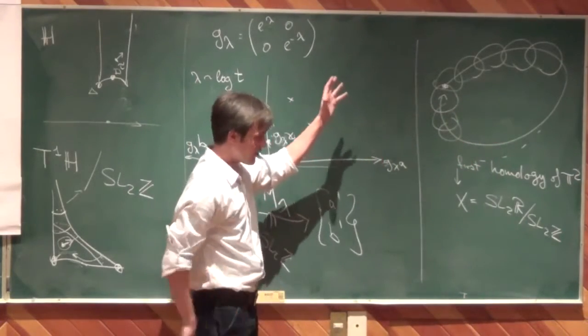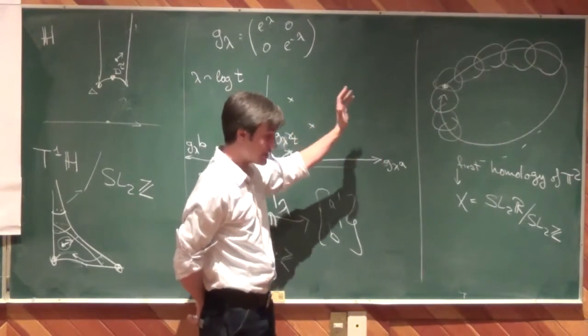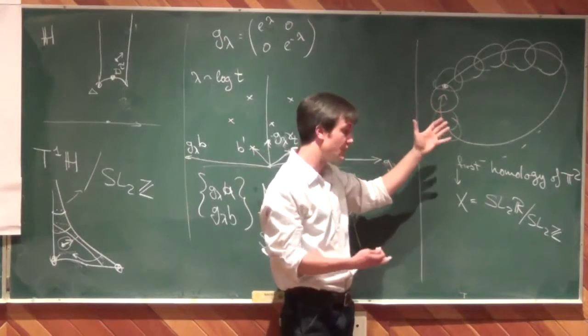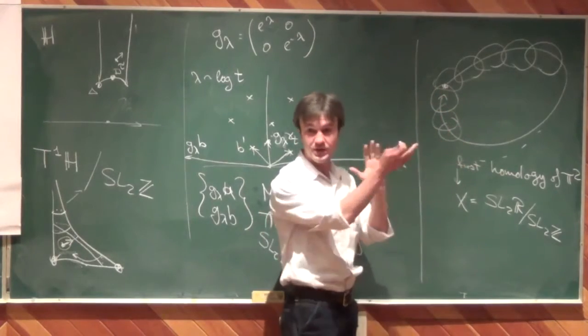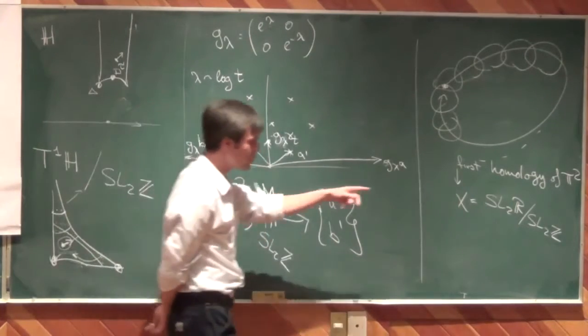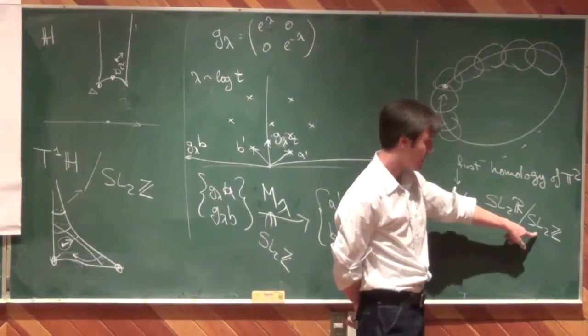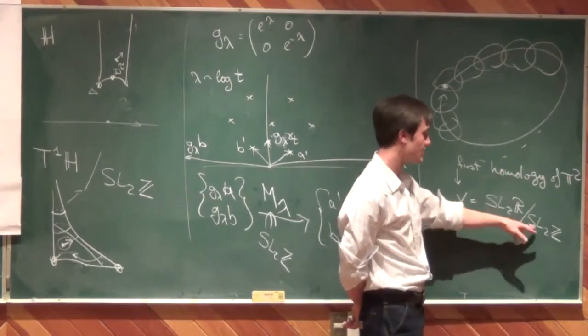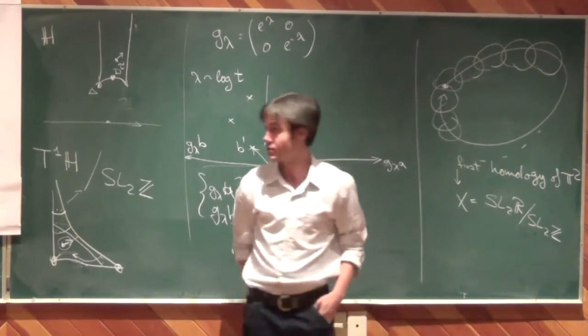So it's a bundle of Z^2, but as you go around loops, things get glued in some mysterious way. Well, it's not so mysterious: to each loop there corresponds an element in SL2Z, and they're glued exactly by the matrix in SL2Z that we have.